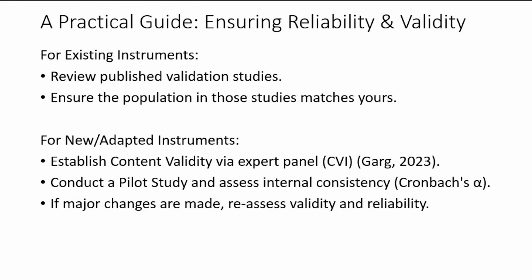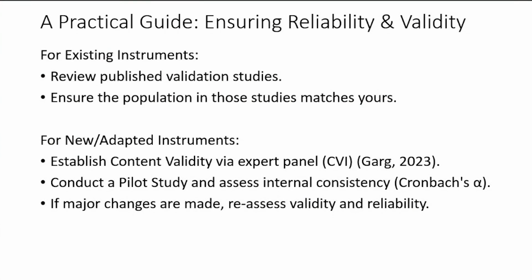So what you do is you get the instrument, and to ensure that the instrument is reliable and valid, you review the published validation studies. So that's what we discussed earlier: if you're using a standardized instrument, you check the psychometric properties. So you are reviewing all those things to ensure that those properties are within the range.